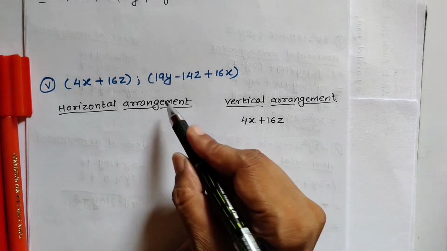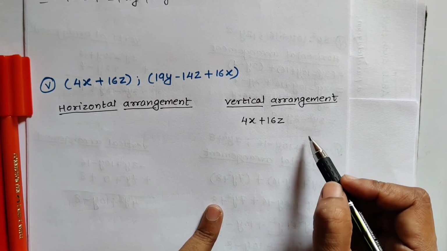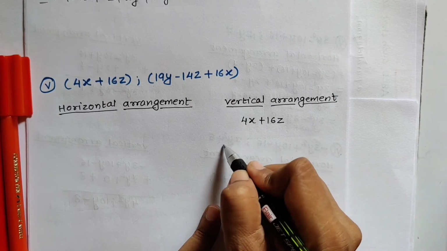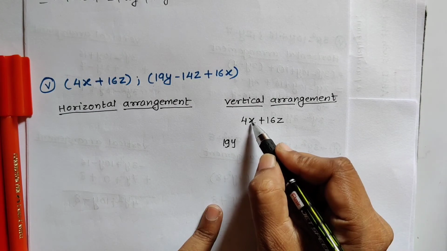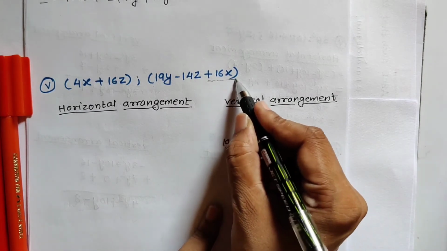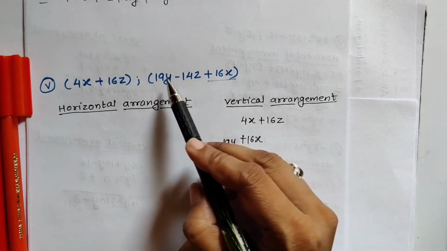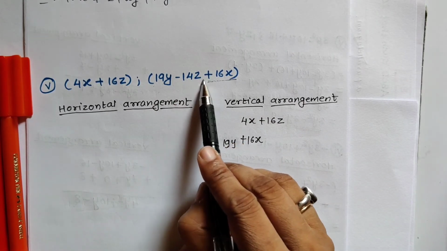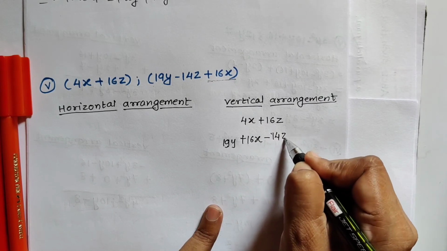Now see children, next is 19y is there. So y term is not there. So I will write this 19y first. 19y, and below 4x I am going to write this plus 16x, and then this minus 14z below 16z, minus 14z.